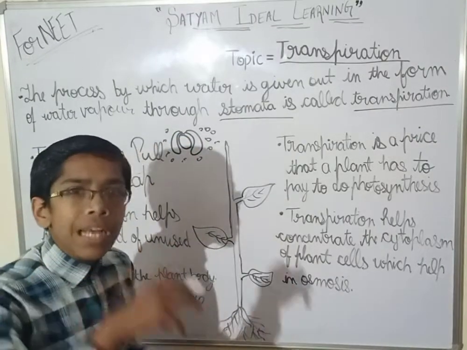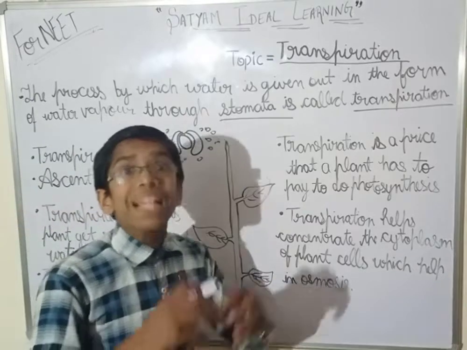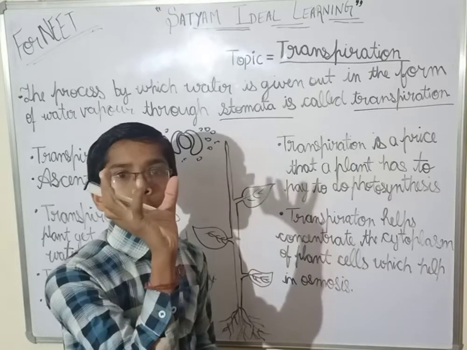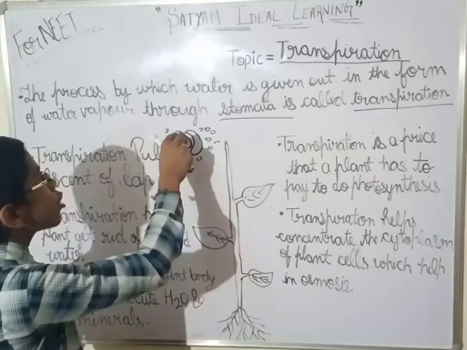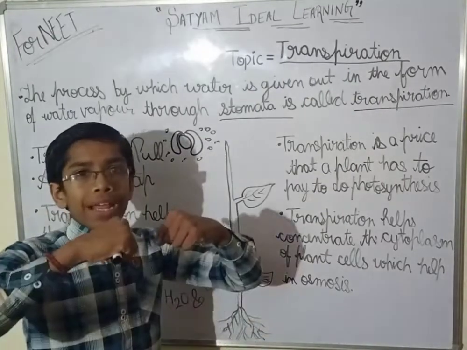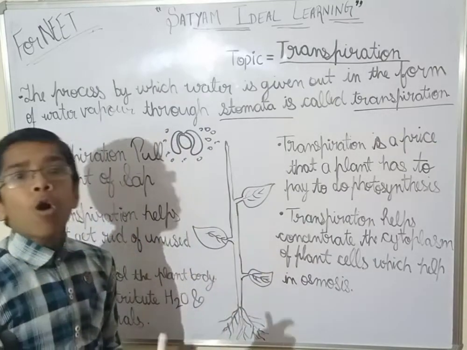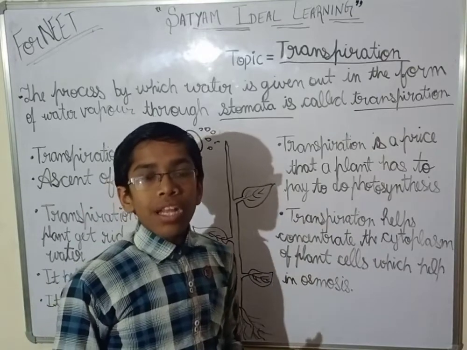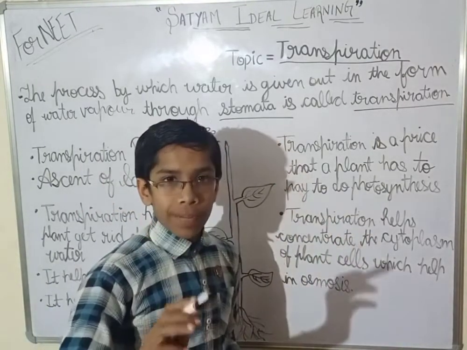When the water comes inside the guard cells, the guard cells will bulge out. Bulge means swell out, open. So the guard cells will open, and then the stomatal pore will also open, and now the gaseous exchange will happen.